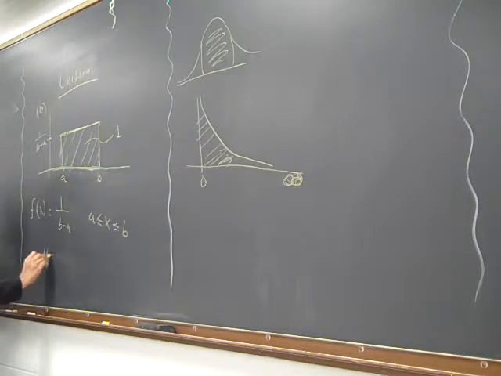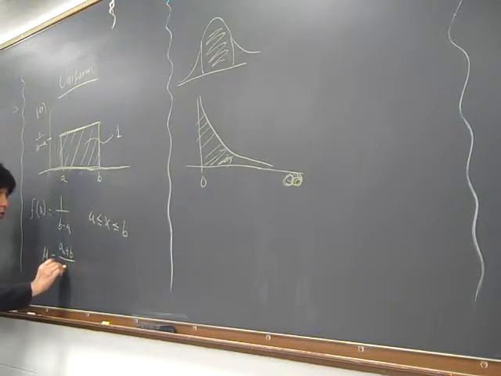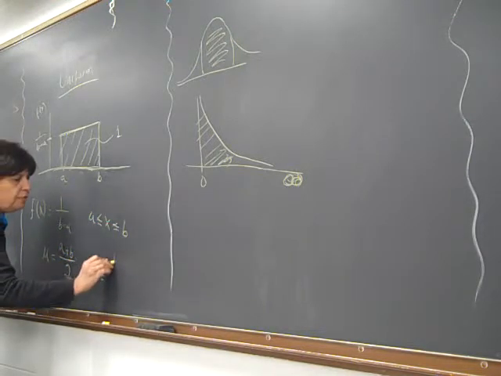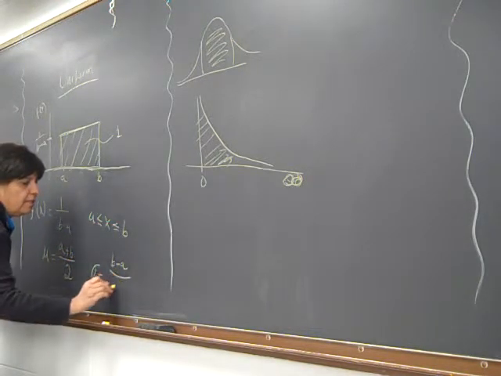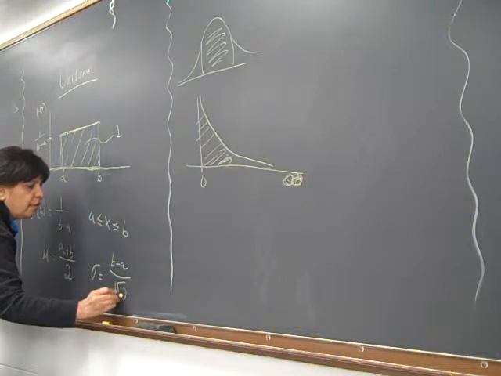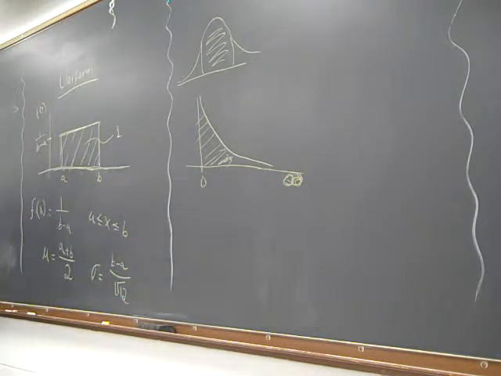The mean is equal to a plus b divided by 2, and the standard deviation is equal to b minus a divided by the square root of 12. It has to be in your notes, because I'm going to ask you what is the standard deviation or the variance or both.